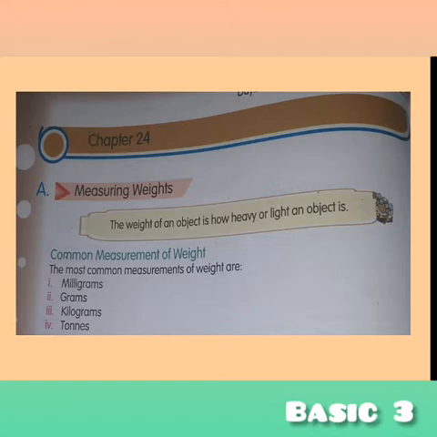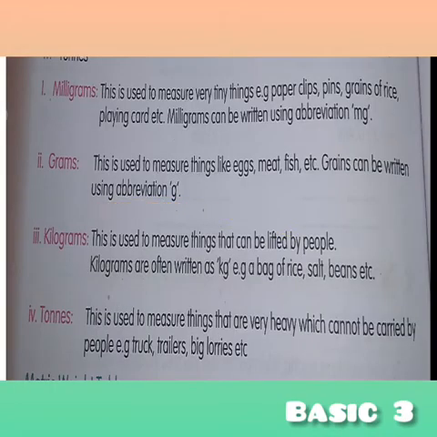What is weight? The weight of an object is how heavy or light an object is. We have common measurements of weight. We have the milligrams, the grams, the kilograms, and tons. Now, let's look at the uses of these various units.